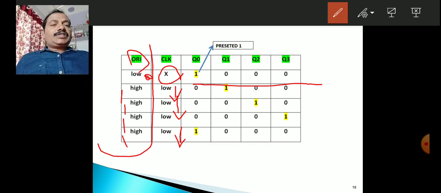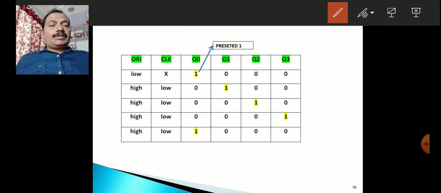For the first clock negative edge, this 0 is shifted to here, that is Q1. Next, this 0 is shifted to here, and this 0 is shifted to here like this.